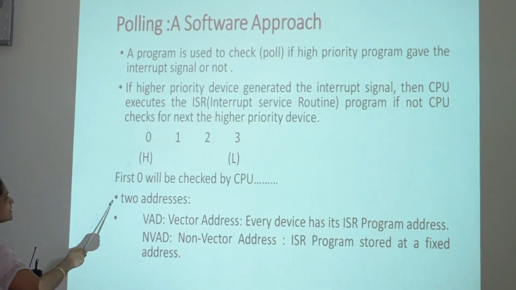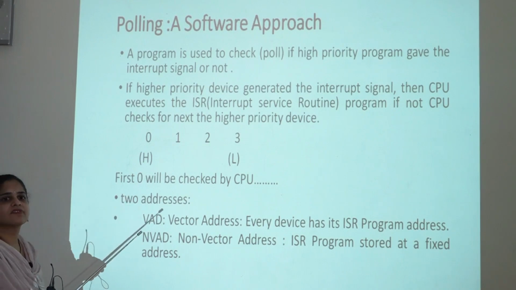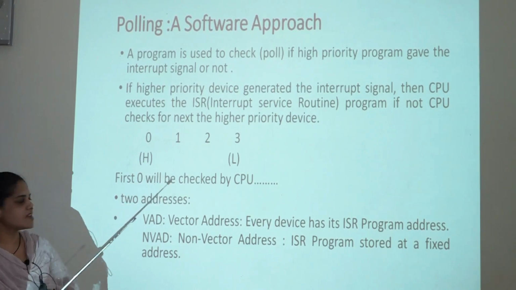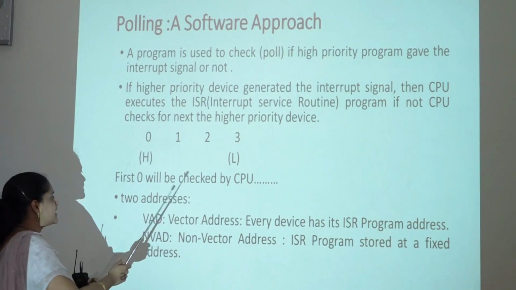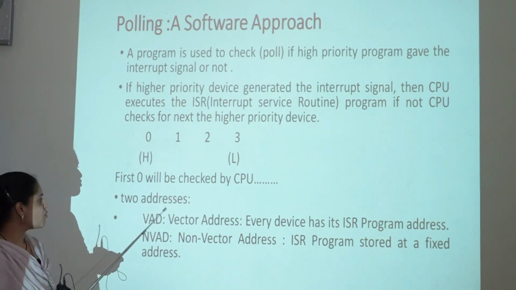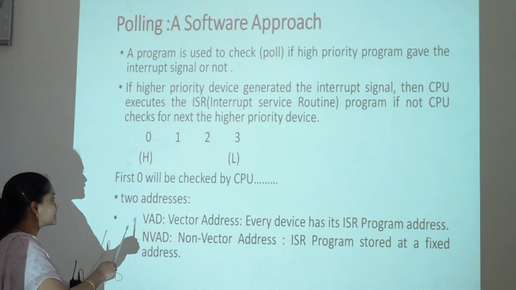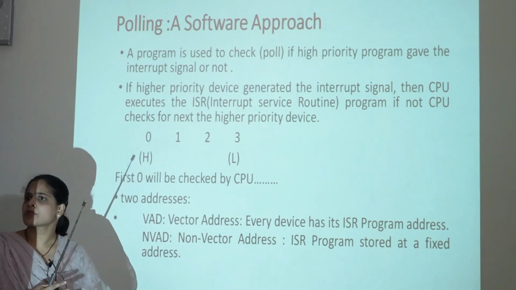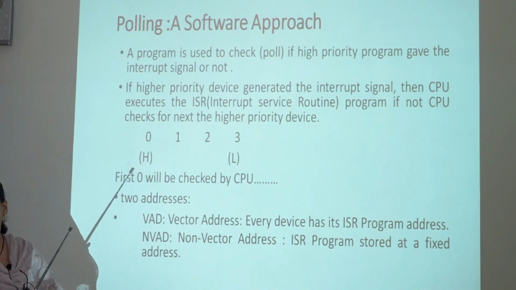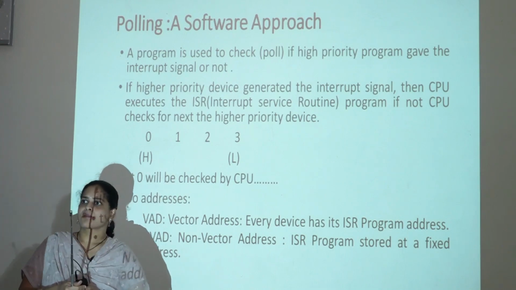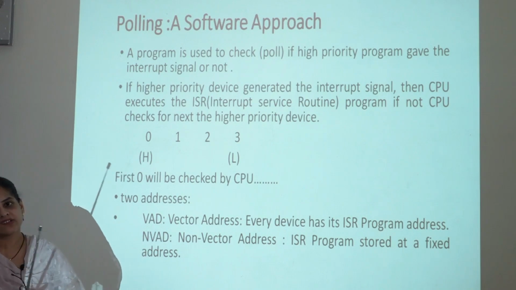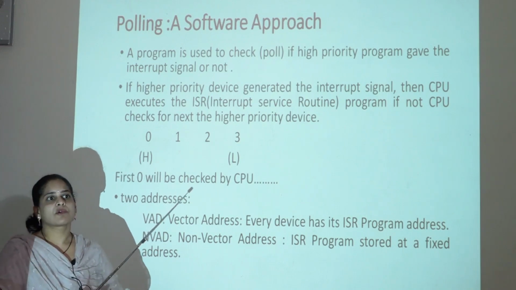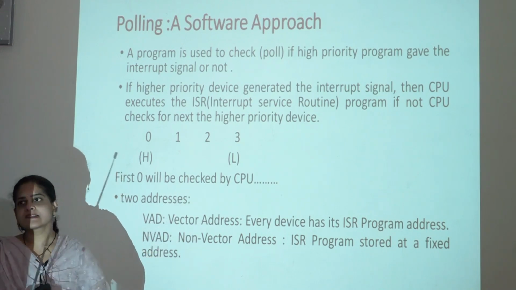Here there are two types of addresses present for each input output device, which we call VAD, the vector address, and NVAD, the non-vector address. A vector address means that for every input output device interrupt, the ISR, interrupt service routine program, has to be serviced by the CPU, and that program resides in the memory at a certain address.